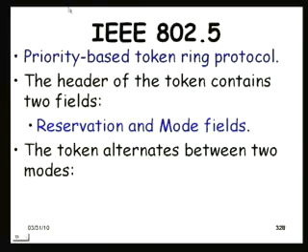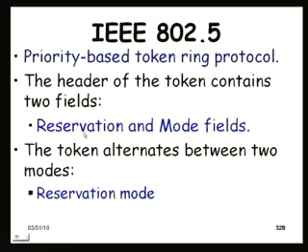This was a protocol which was actually designed for a manufacturing automation situation. So, it was to start with designed for real time applications. There are the reservation and mode fields, and the token alternates between a reservation mode and a free mode.